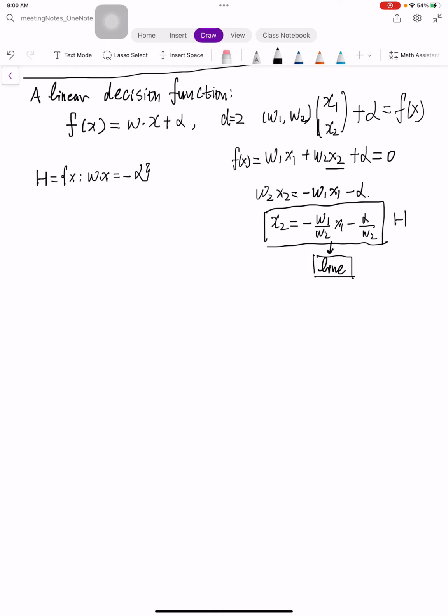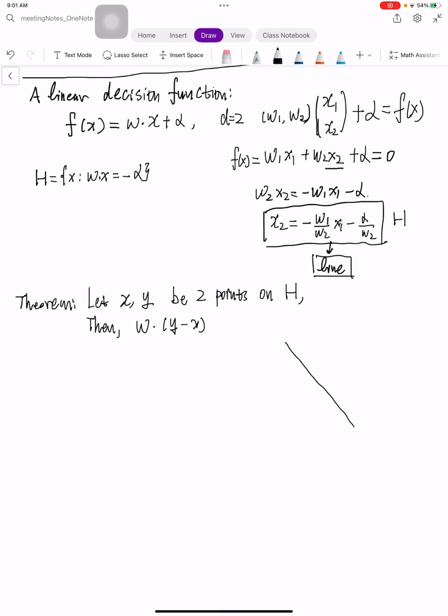And there is a theorem. Let x and y be 2 points in the feature space that lie on the decision boundary H. Then w inner product y minus x equals 0. Remember, the decision boundary is just a line, right?